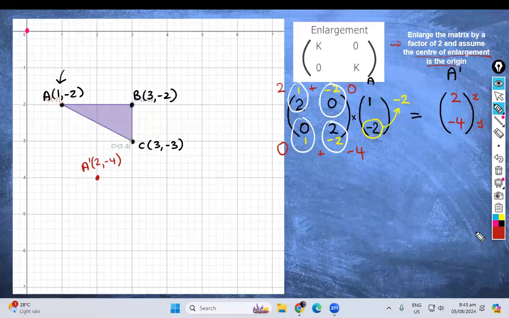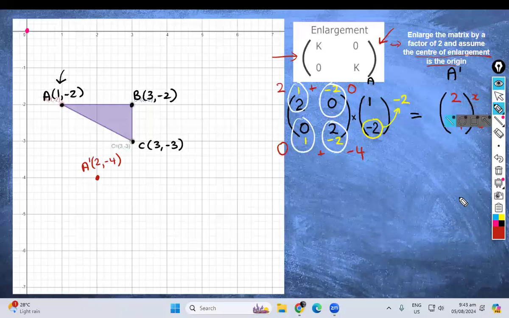If the examiner wants you to use a calculation method, he's really trying to say use the matrix C method. So you're going to have to use this matrix C and show the examiner that you are multiplying each point by that matrix C in order to get the points.